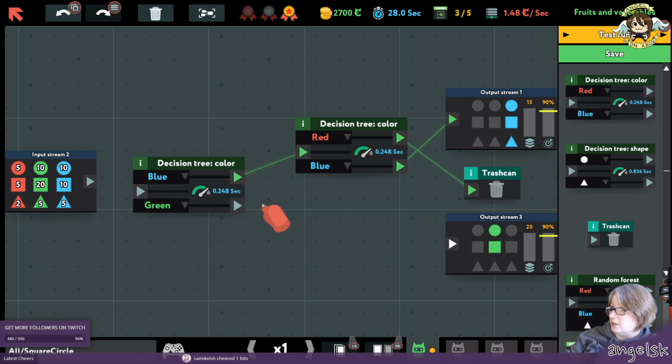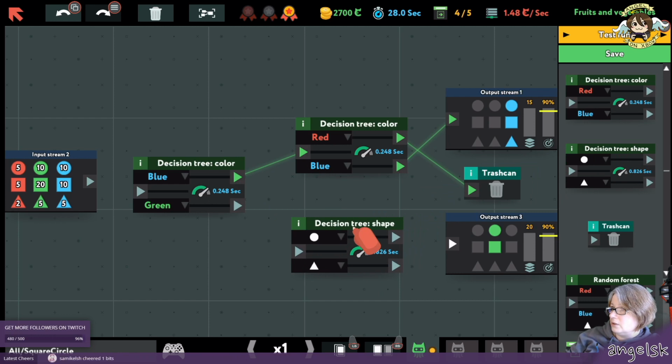Right, so then green, we need to... Or does it matter? I'll get half of them.